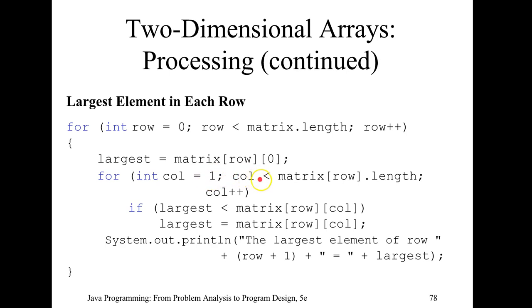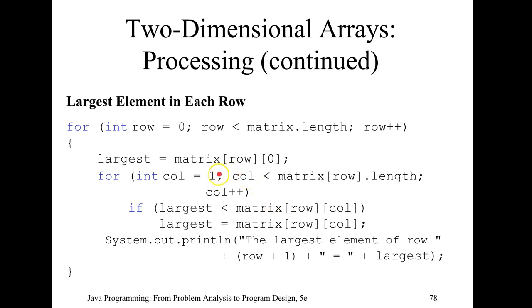Notice we're not saying, if matrix row.length is greater than 1, then I'll go through this loop. No, we're just assuming I've got a column 1, and I'm going to read what's in that column. So this code is assuming I have rows with at least 2 columns. No error checking done.